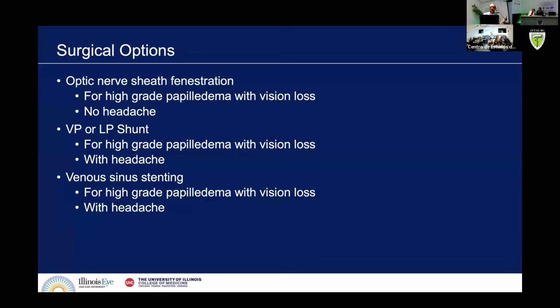For patients who have headache in addition to that, the thought is that probably the shunt is a little bit better. And we're now talking more and more about sinus stenting, especially if you can see that on imaging and your neurosurgeon can show a gradient across the stenosis.